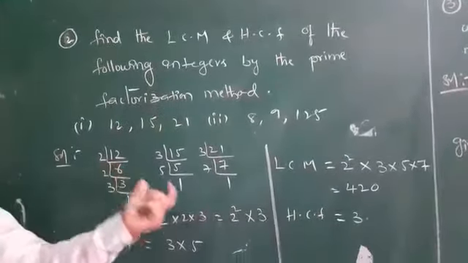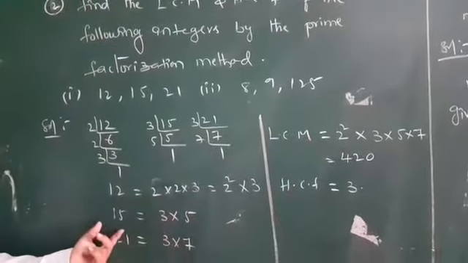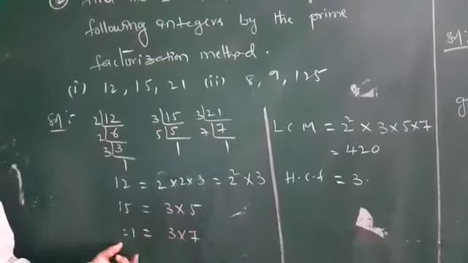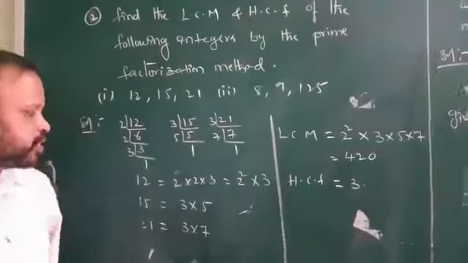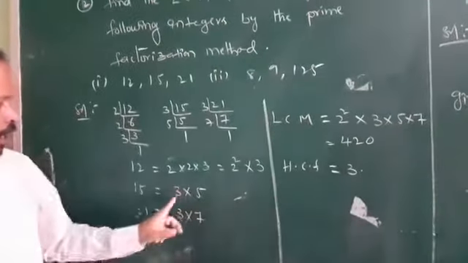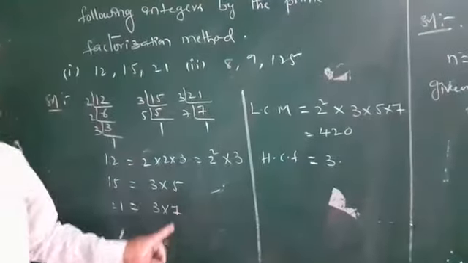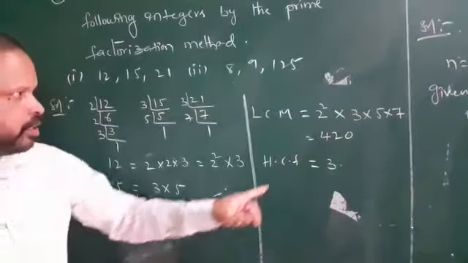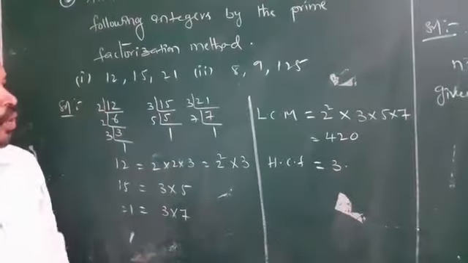First we have to do prime factorization. 12 is equal to 2 square into 3. 15 is equal to 3 into 5. 21 is equal to 3 into 7. LCM means highest powers: 2 square and 3, then the remaining 5 and 7. After multiplication we will get 420. So LCM is equal to 420.